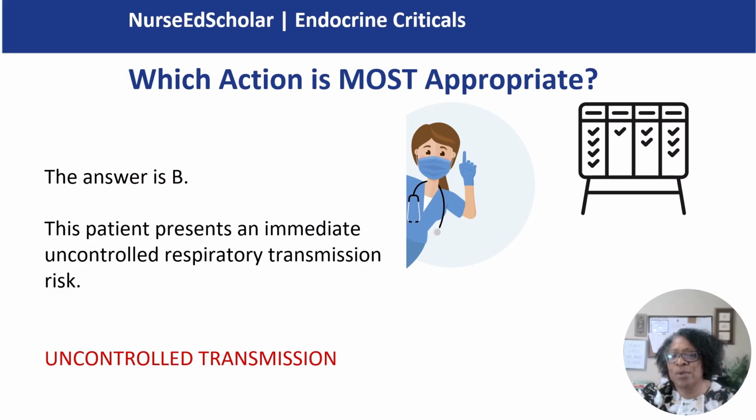The NCLEX focuses on immediate safety threats. So they also focus on uncontrolled spread or airway and breathing risk, and population exposure. So it's good to remember what the NCLEX is really focused on, because they really want to know if you are a safe and competent nurse.